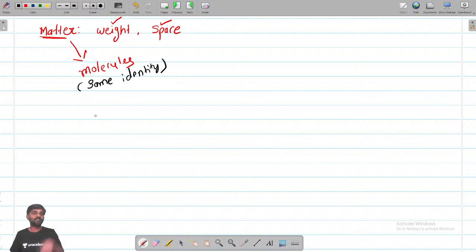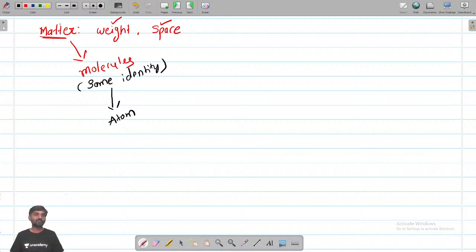So matter is divided into molecules with the same identity, and each molecule is again subdivided into the smallest minute particle called atom.